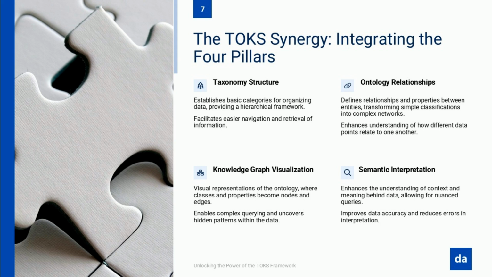Artificial intelligence and machine learning play a crucial role in addressing these challenges and enhancing TOKS integration. Machine learning algorithms can assist in automating the process of taxonomy and ontology development by analyzing large data sets and suggesting relevant categories and relationships.